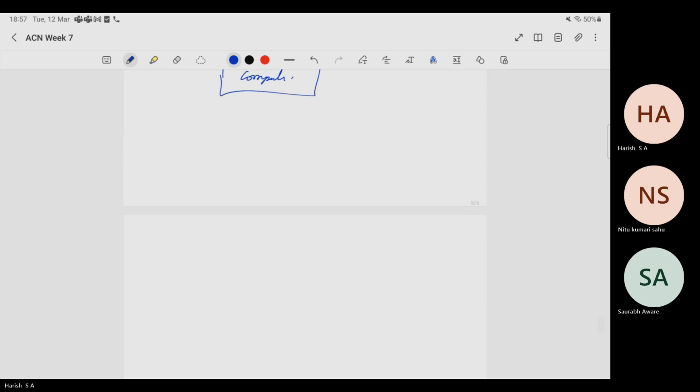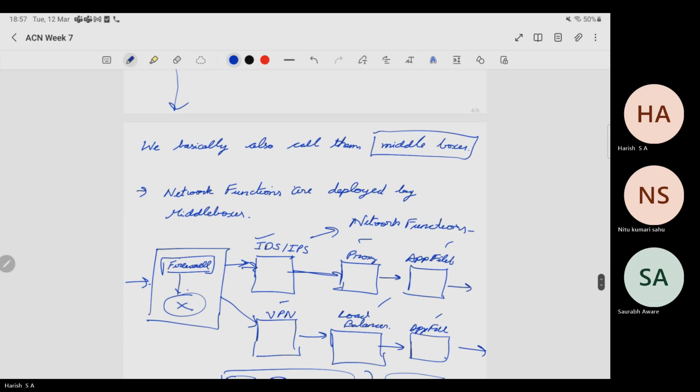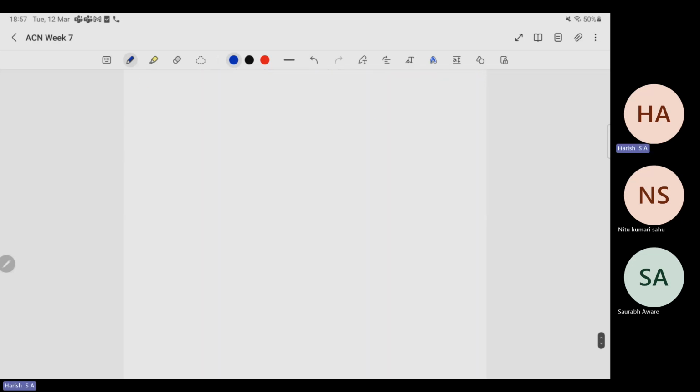So if you want more details about middle boxes, refer to RFC 3234. Okay. So when it comes to middle boxes, you can also say that these are intermediaries, right?